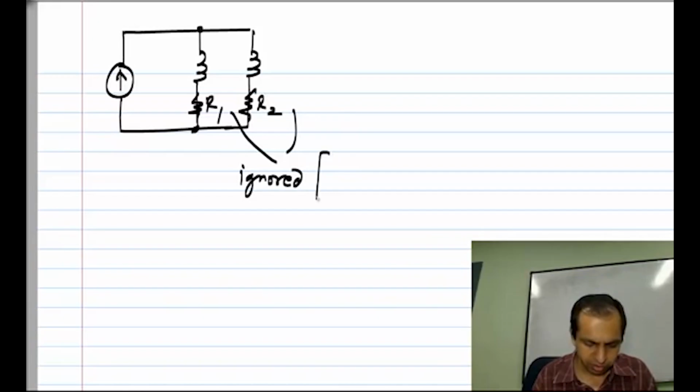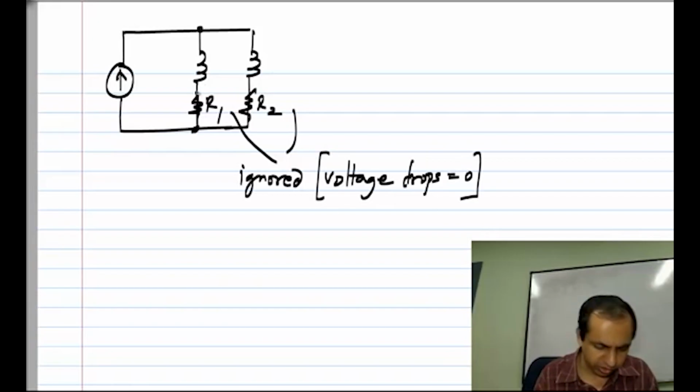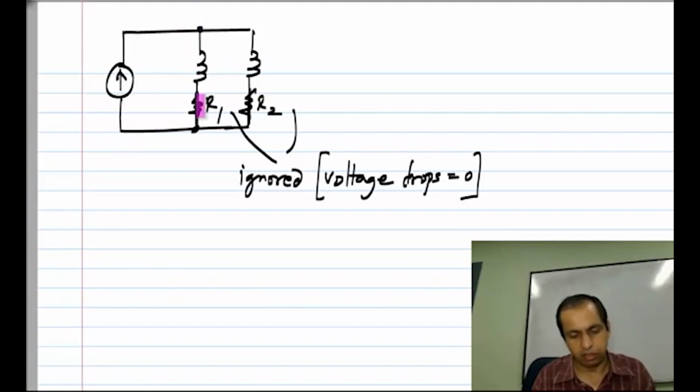That means that the voltage drops across them equals 0, that is, they are short circuited. And this makes sense again, because if you have a step change in inductor current, across the inductor you have an infinitely large voltage, and this is a finite voltage across the resistor, so we neglect it, similar to how we neglected resistive currents in circuits where capacitive currents were infinite.